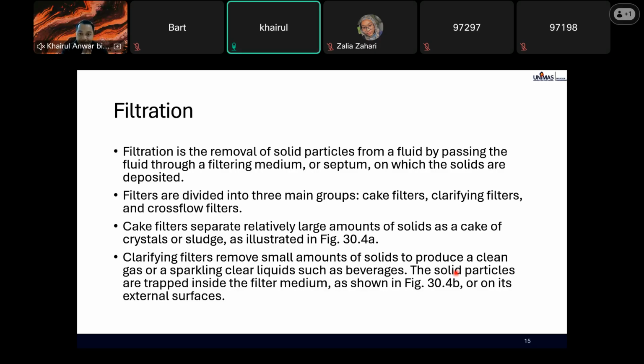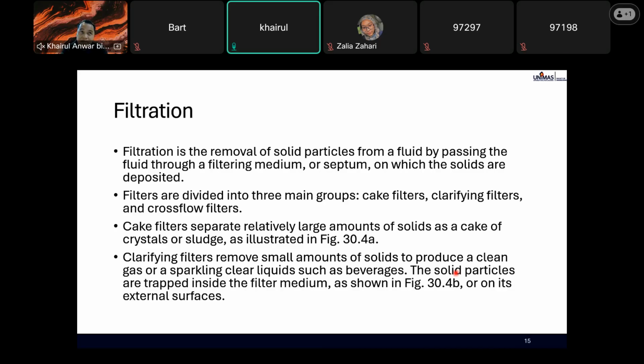This newly formed material, normally organic material on top of the filter, accumulates, and after some time it looks like a cake. This cake can actually be a secondary filter to the actual filter, which is good.